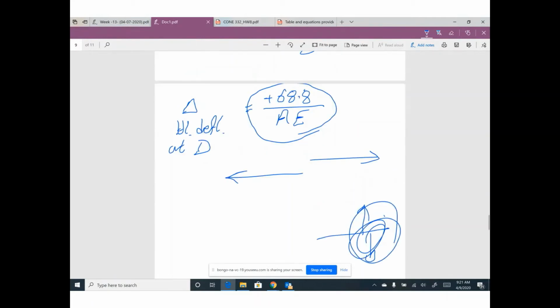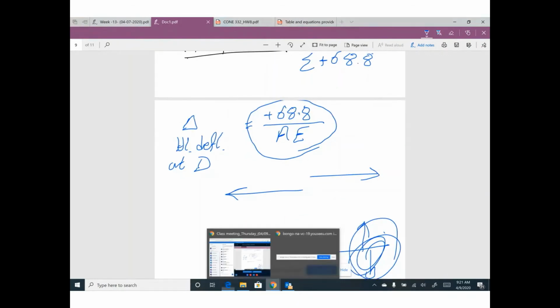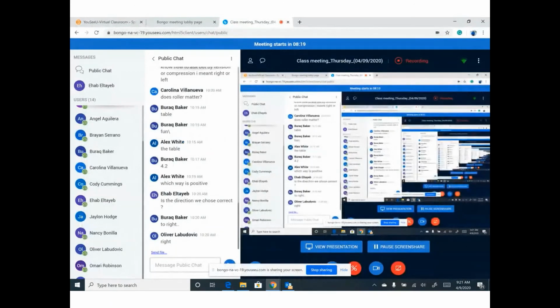Here, your deflection was positive 68.8 divided by AE. Yes, this horizontal deflection will be moved to right or to left? What do you think? To right. Why, Brock? Why to right, Oliver? Because it's positive?